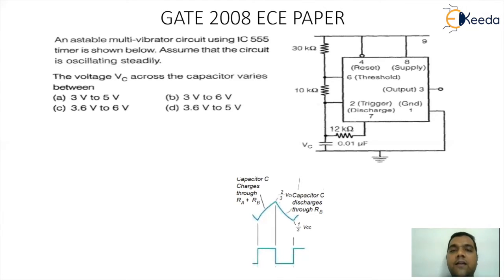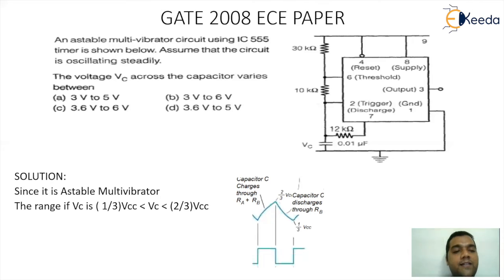So the VC voltage will vary between these two values. Since the VCC value here is 9 volt, 1 by 3 VCC will give me 3 volt and 2 by 3 VCC will give me 6 volt. So the answer for the solution is 3 volt and 6 volt.